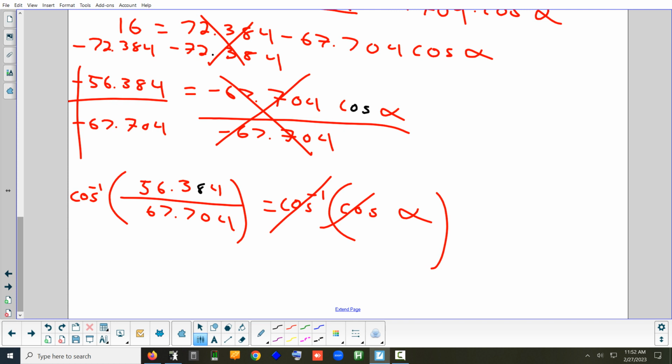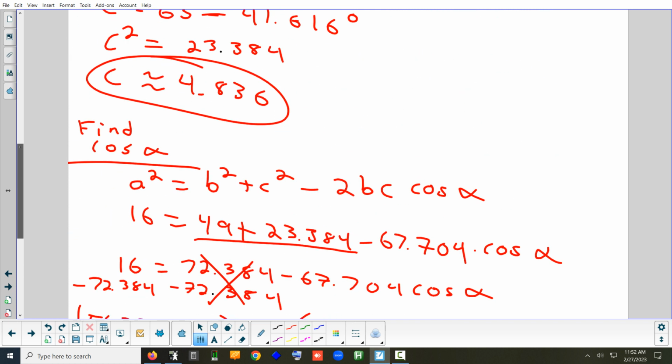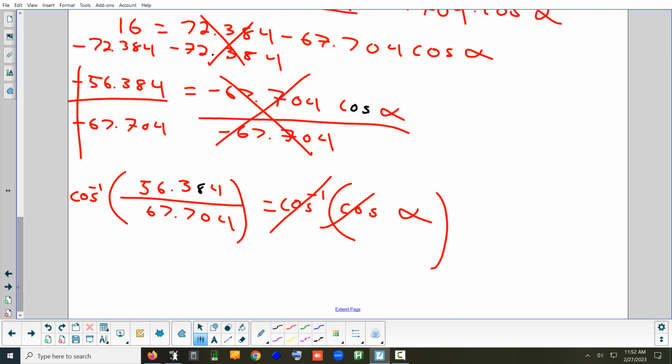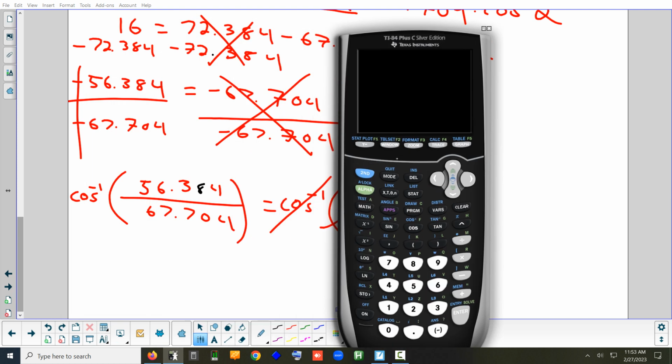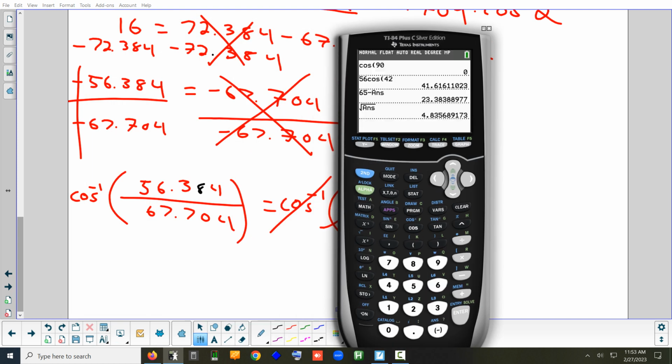The angles in quadrant 4 are between 270 and 360. Can I get an angle in a triangle between 270 and 360? No. That's why I don't need to worry about a second answer. But I do need to worry about a first answer. Does that go for all law of cosines problems? Yeah, all law of cosines problems can never have two solutions.